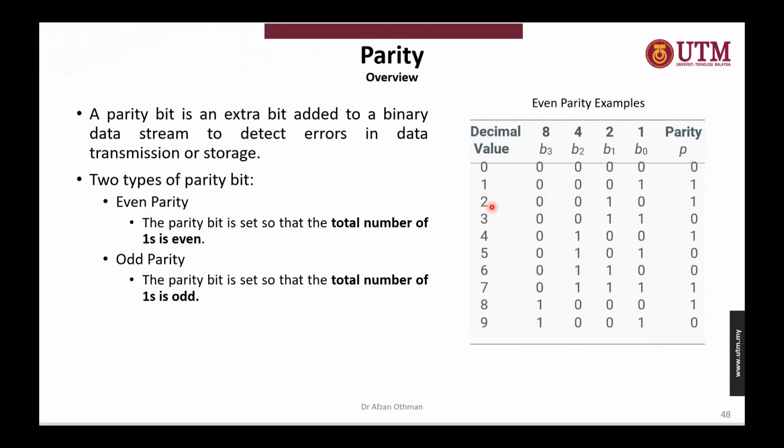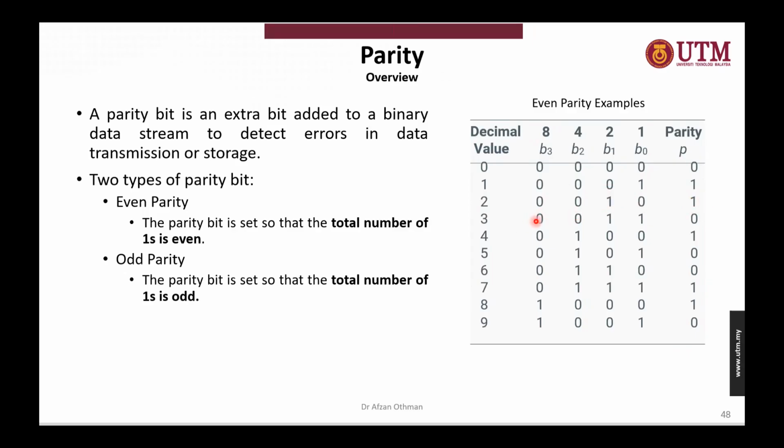Meanwhile, for number 2, when you change from decimal to binary, this is the binary representation for number 2. When we count ones, we only have one 1. So we need to make it even, so we add 1 to the parity. Now this number already has even parity.